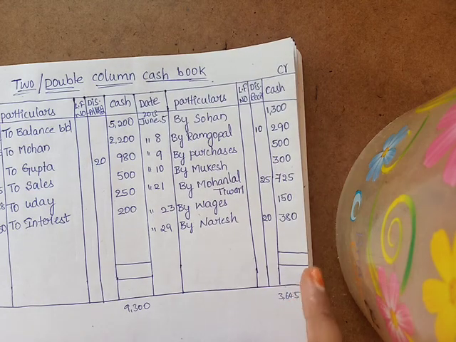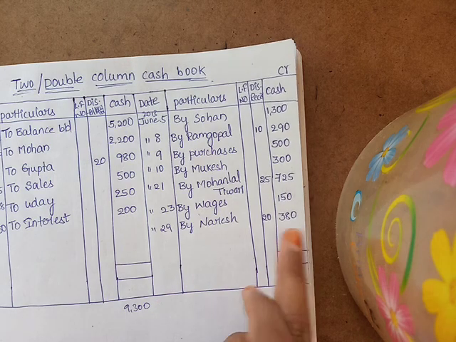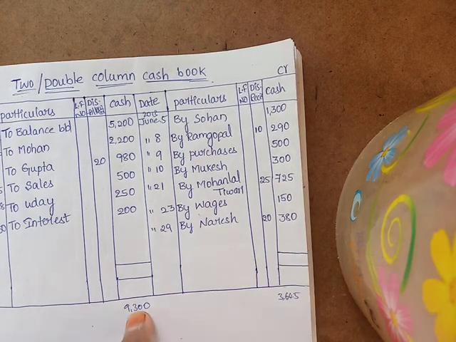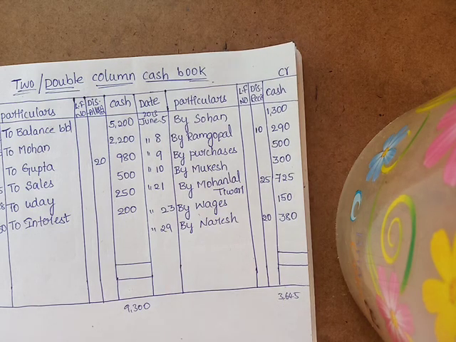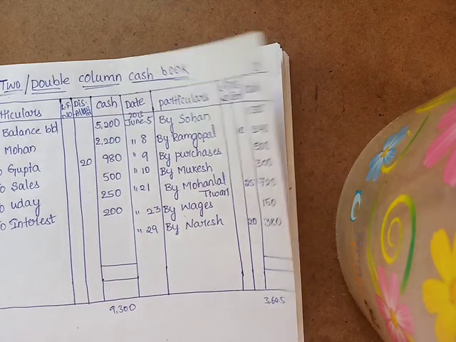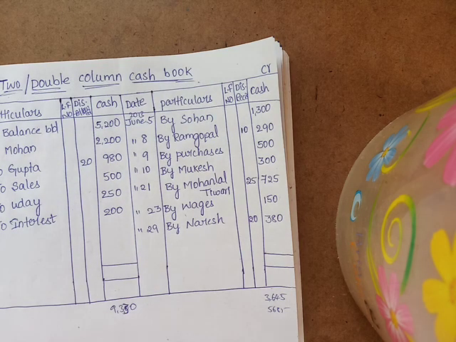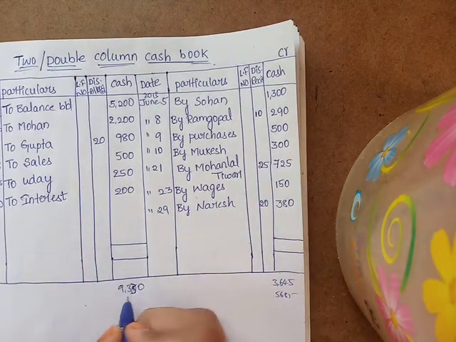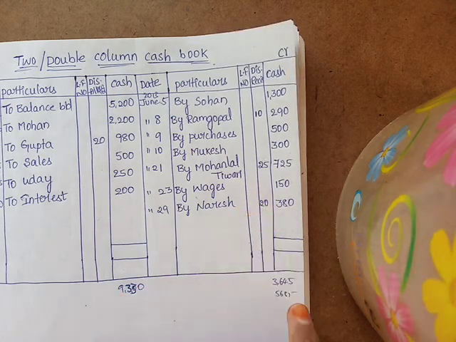So to equalize, how much amount do we need? Debit side is 9,330 and the credit side is getting 3,645.